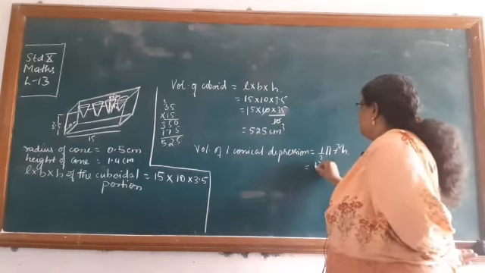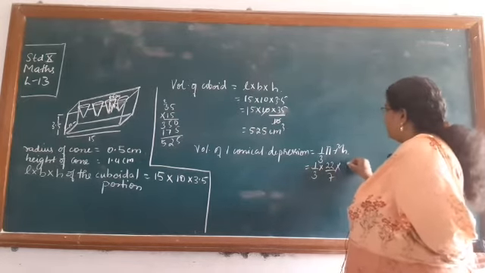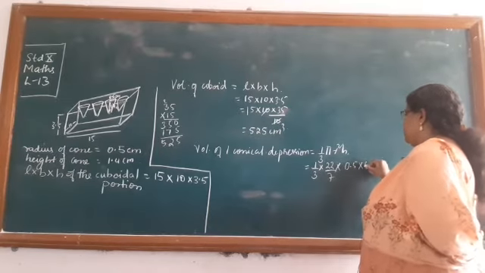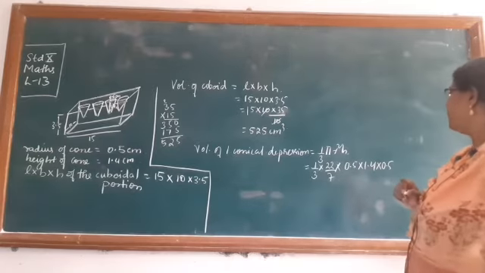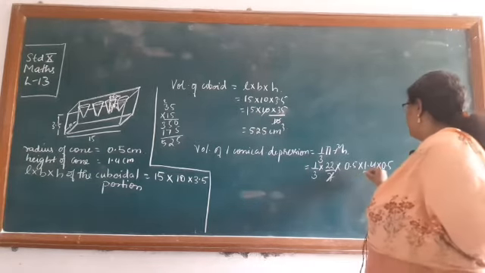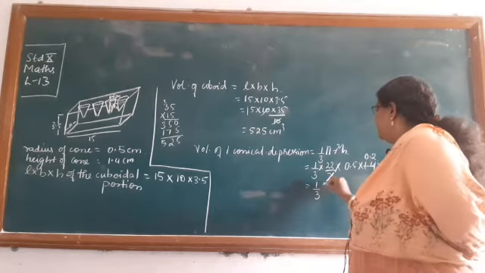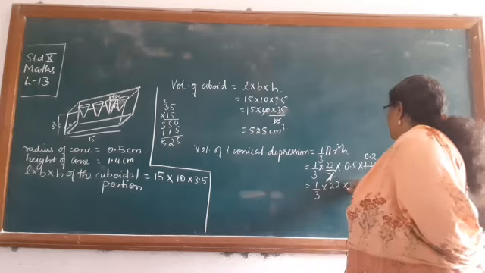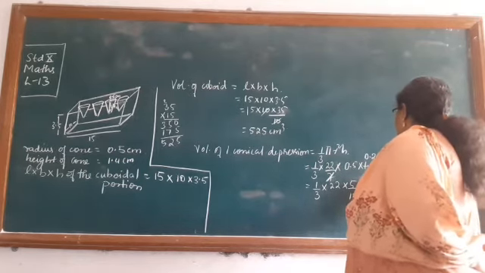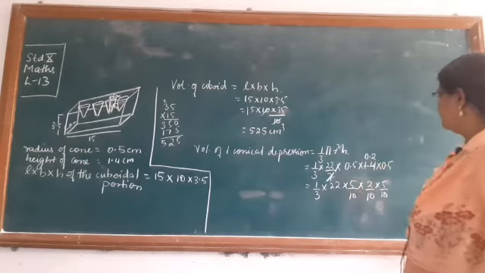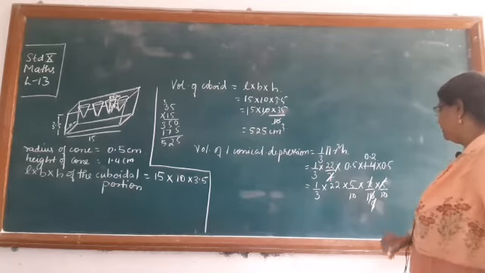That is 1/3 into 22/7 into r, r is 0.5, into h, 1.4. 0.5 occurs 2 times, so we will write once more. 7 ones are 7 into 0.2. So that will be 1/3 into 22 into 5 by 10 into 2 by 10 into 5 by 10. Okay, 2 ones are 2, 5 2s are 10, and 5 cancels out.